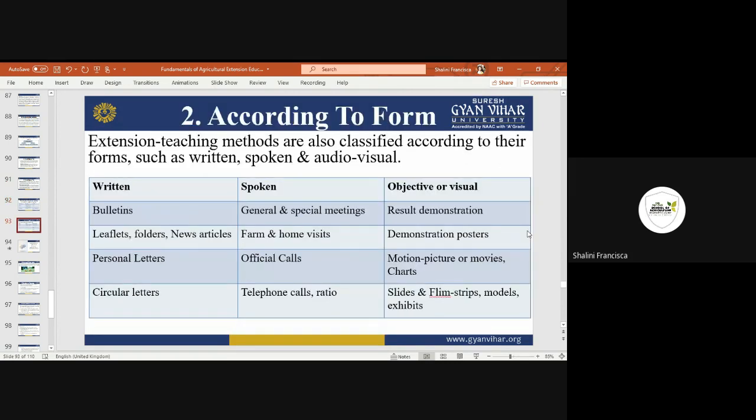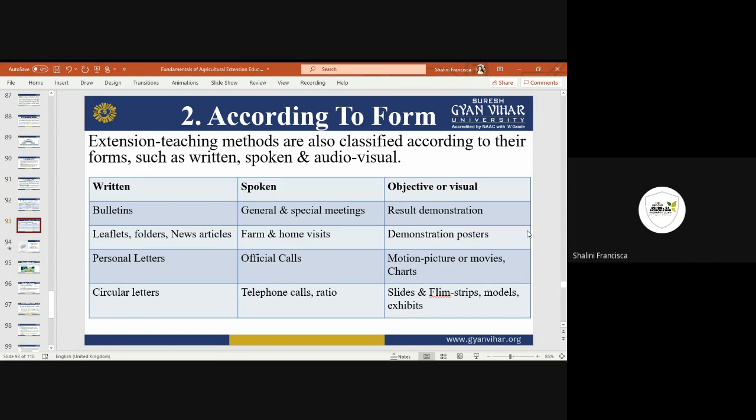Then, according to the form, they are divided into three: written, spoken, and audio-visual. Written includes bulletins, leaflets, personal letters, circulars. These are all forms of write-up. Spoken includes meetings, discussions, office calls, telephone calls, and radios. These are all spoken: one person speaks and everybody listens to it.